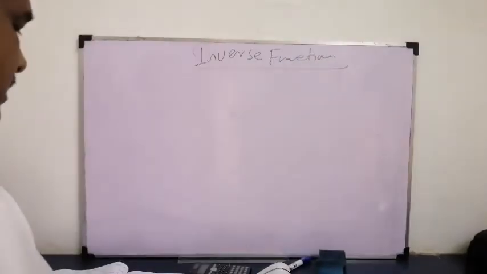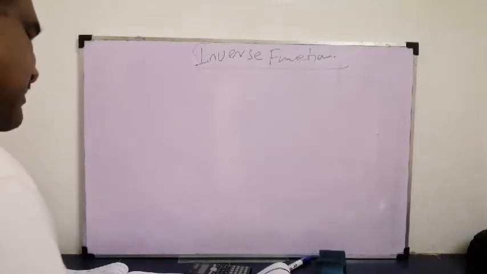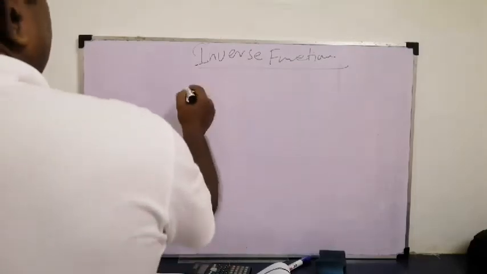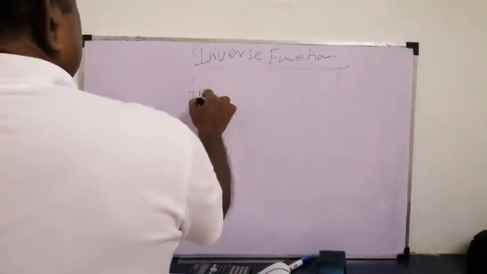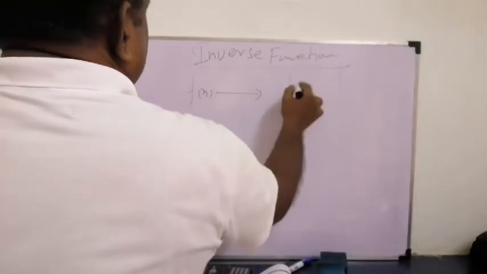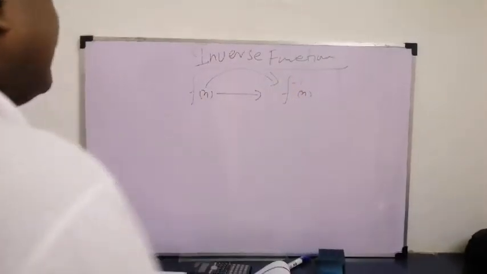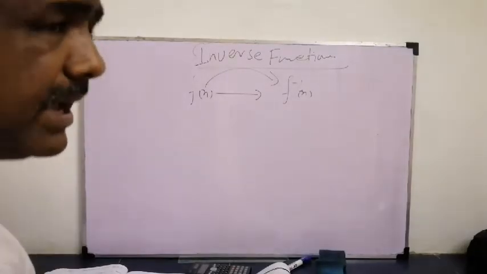Inverse function. In the sense that f of x and f dash x are inverses. So when you are given a function f of x, if you want the inverse, f dash x is the inverse function of this, or else the backward of the function.